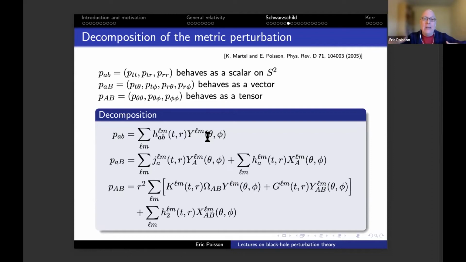That would be a reason for us to seek an expansion not in terms of spherical harmonics, but in terms of plane waves, the e to the i k x type wave. So we would do a Fourier transform in x, y, and z, and that would reflect the symmetries of the underlying spacetime and simplify the calculations down the road. So that's how the Killing vectors enter, at least implicitly.